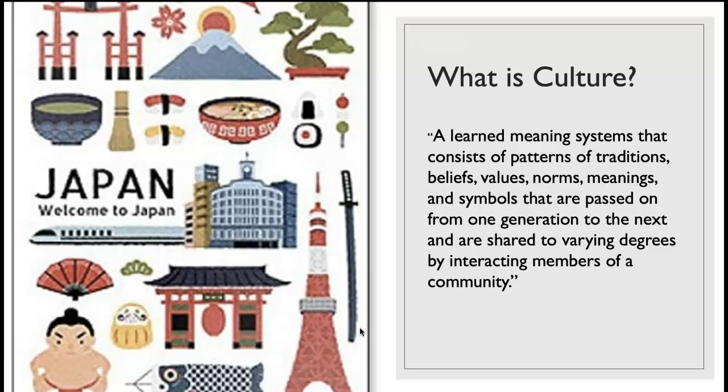So we understand that not only is culture all-encompassing, it is taught, and there's that element of traditions that are passed on from one generation to the next. And it includes our patterns of traditions, beliefs, values, norms, and even our understanding of meanings.